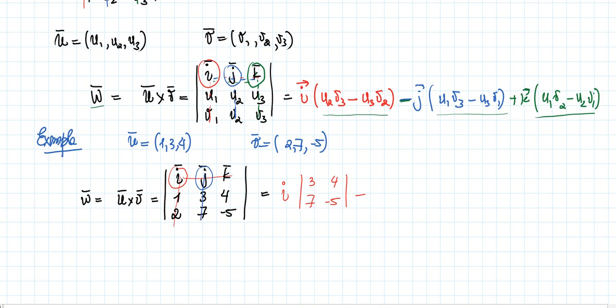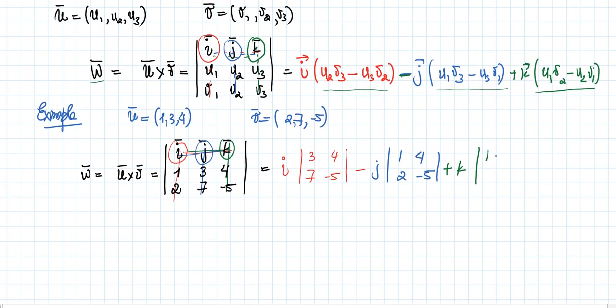We are going to cross out the second row and the second column, minus J, and multiply this by the determinant of the matrix which is left, which is 1, 4, 2, minus 5, right? Then we're going to cross out the row and column where K is located, plus K, multiplied by the determinant of the matrix which is left, which is 1, 3, 2, and 7, okay?